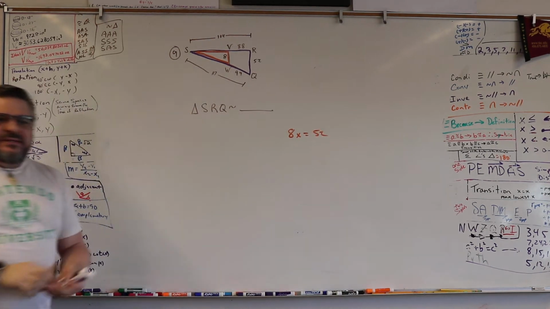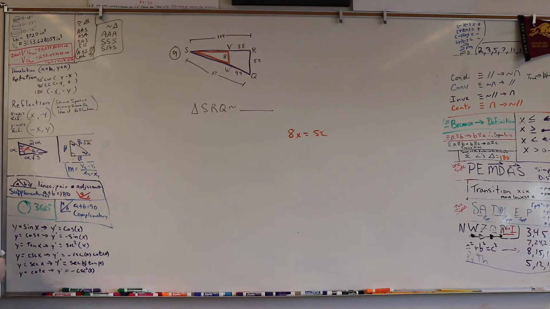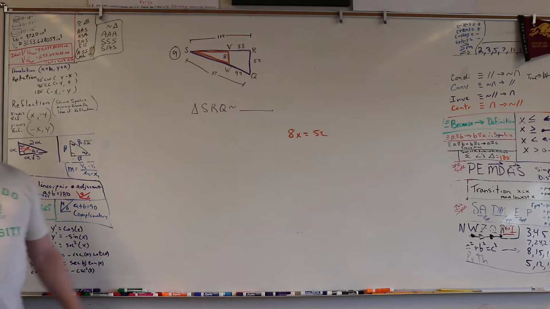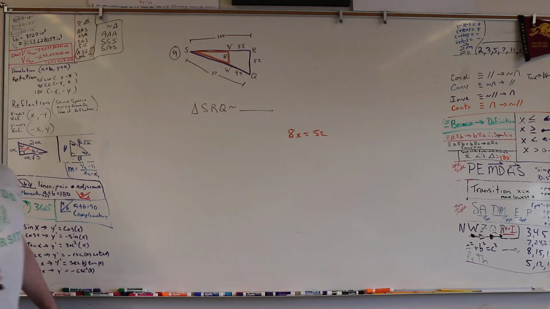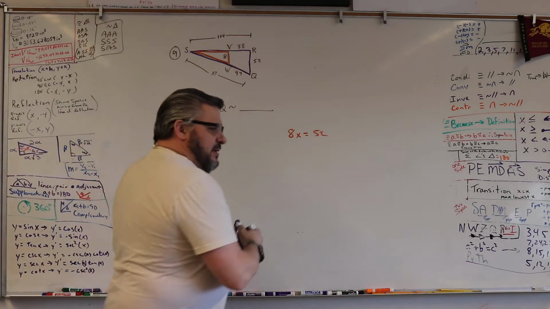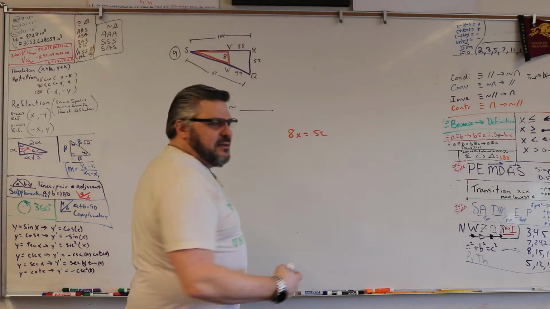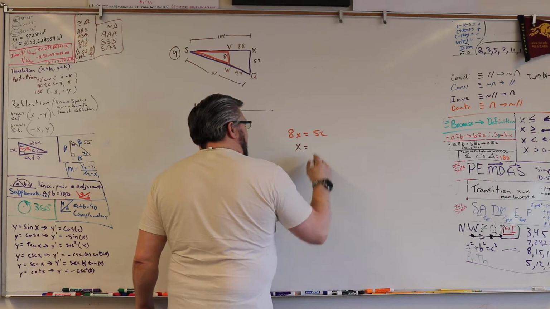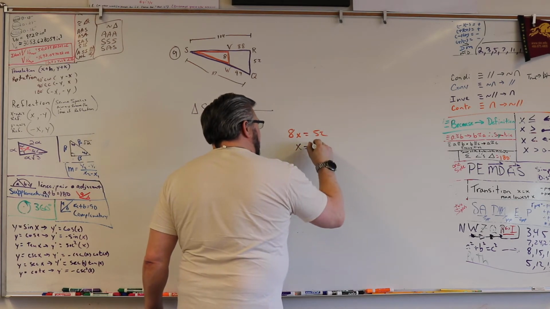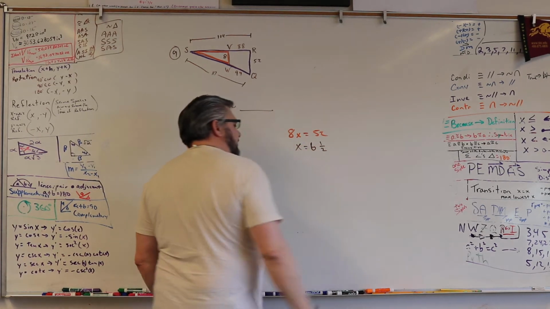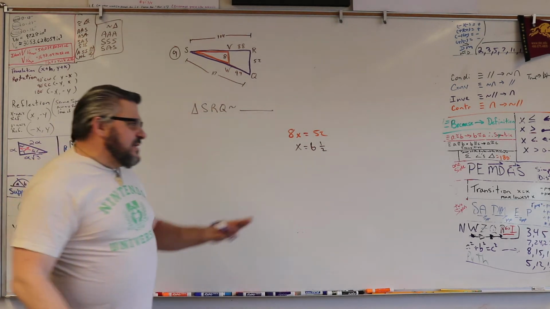Then, how many times does 8 go into 52? 8 goes into 48 6 times, and it's 4 left over. 4 over 8 is a half, so x is actually equal to 6 and a half. Now that's our ratio.